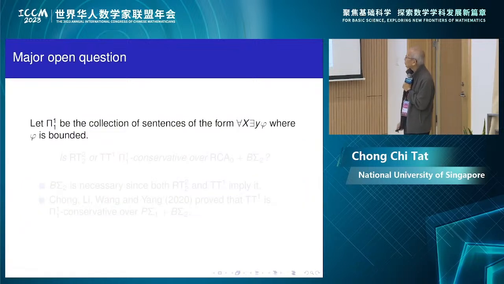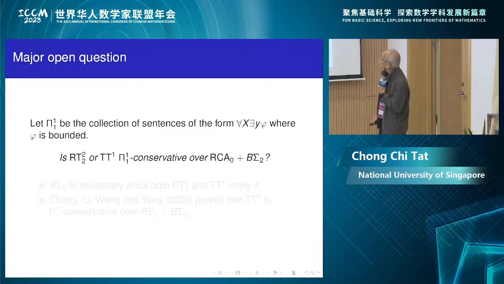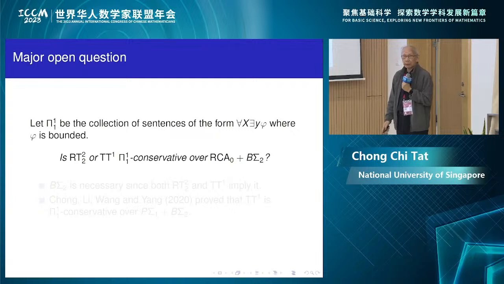So the major question, or one of the major open questions, is this. If you consider what we call Pi11 statements, of the form for every X, where capital X refers to subsets of natural numbers, there exists a number y such that something happens, where the formula after that, let's say, is quantifier free.